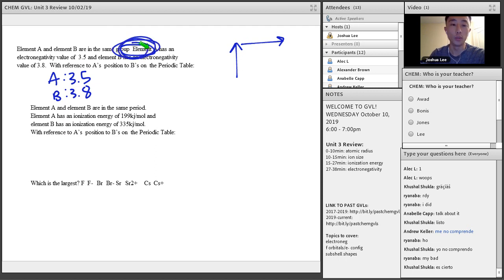Same group tells you that we don't care about the going to the right part because same group is vertical. And we're increasing going up. 3.8 is the larger number than 3.5, so yes, I did increase. 3.8 is my B, then A. So on the test, you'll say something like B is above A or A is below B. Both of those say the same thing.